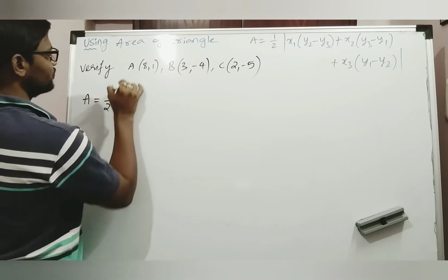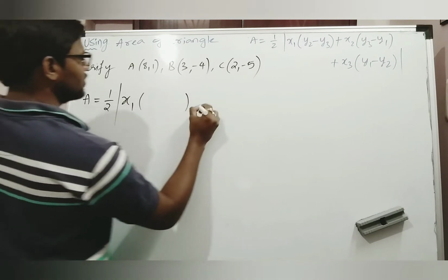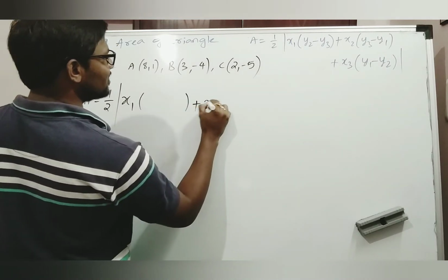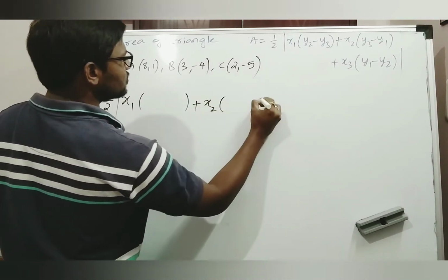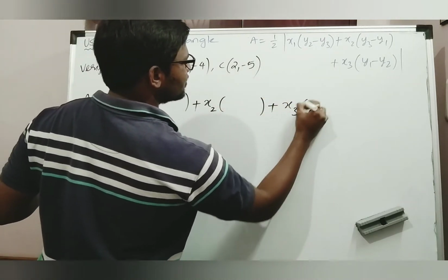Write the first coordinates: x1 in the bracket, next the first coordinate of the second point x2, and the first coordinate of the third point x3.